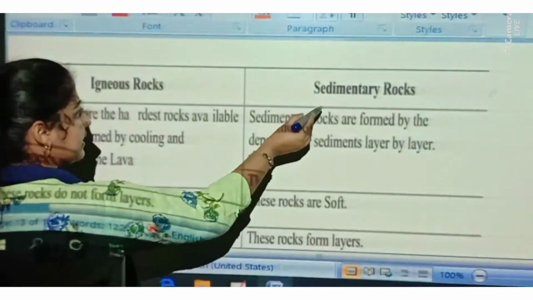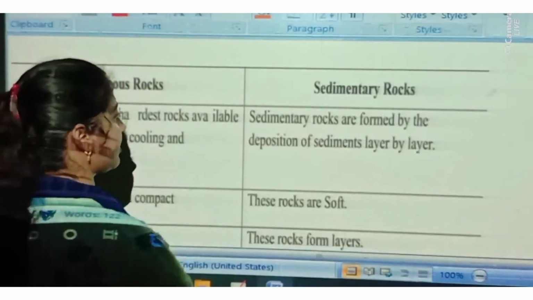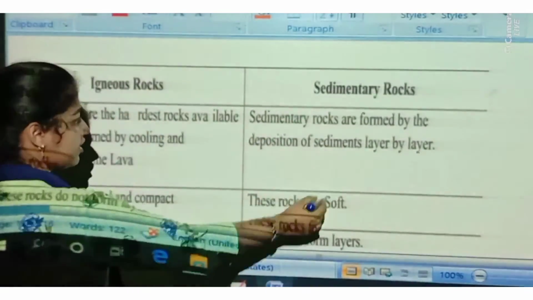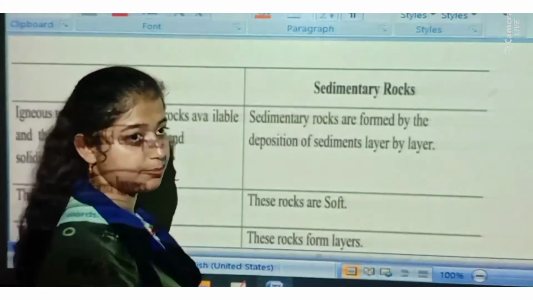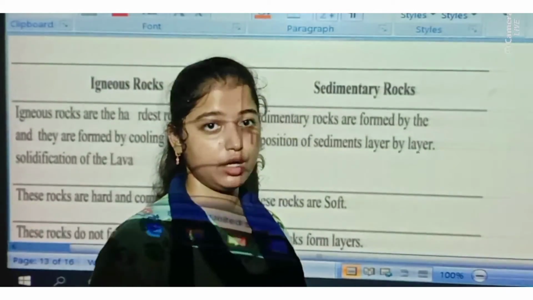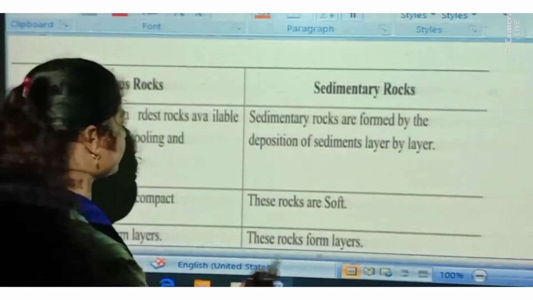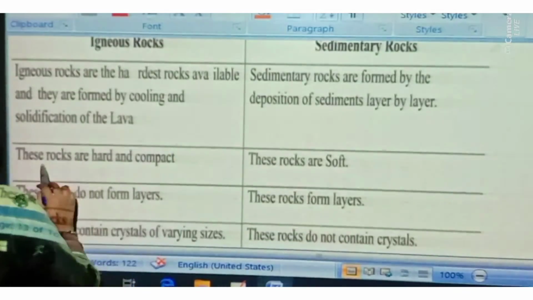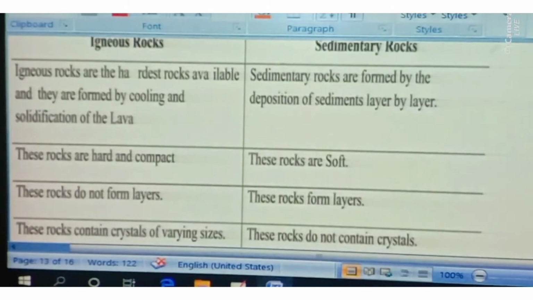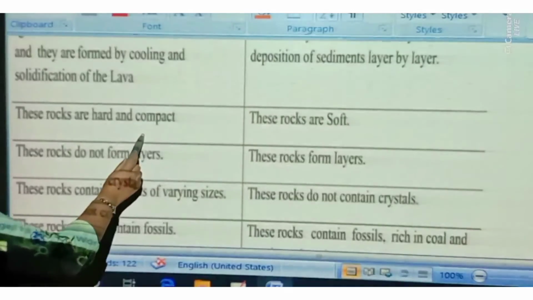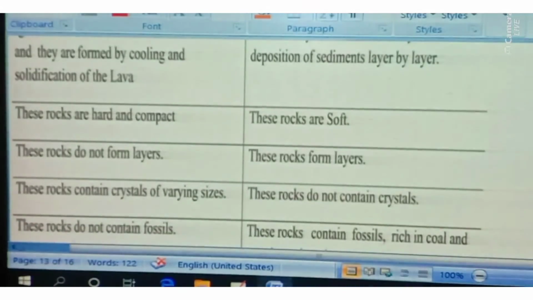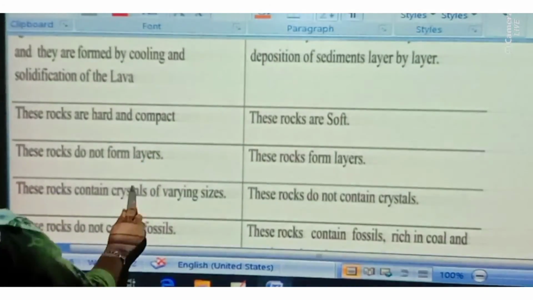Clear? Now sedimentary rock. Sedimentary rocks are formed by the deposition of sediments layer by layer. We already knew a few minutes ago that they have horizontal layers. Sedimentary rocks are soft, while igneous rocks are hard and compact and do not form layers. Igneous rock has a crystallization procedure because it is created directly from magma; sedimentary rock has no crystals.